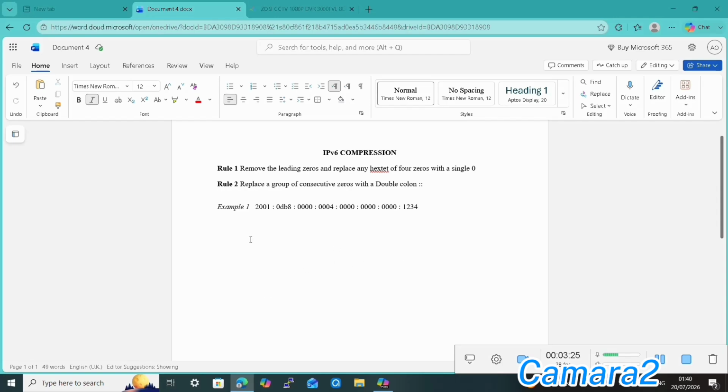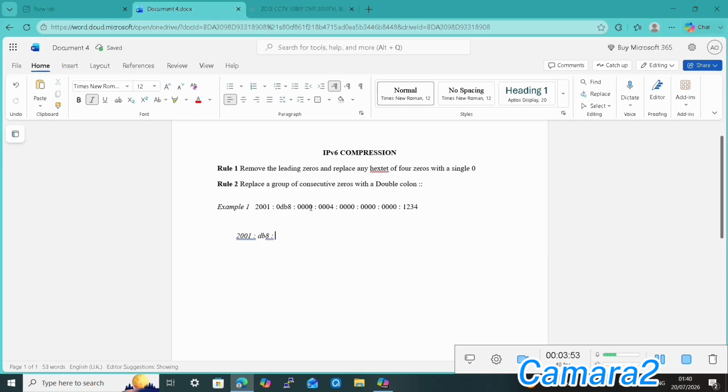Now let's try to apply rule number 1. So we have 2001. Remember, we are not ignoring these zeros because they are not leading. So we write this one as it is, then colon. You have 0db8. So this 0 is a leading 0. We will ignore it and only write db8, and then colon.